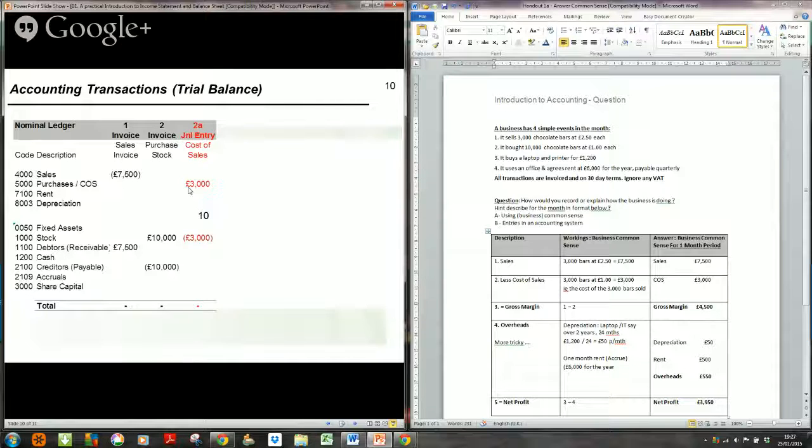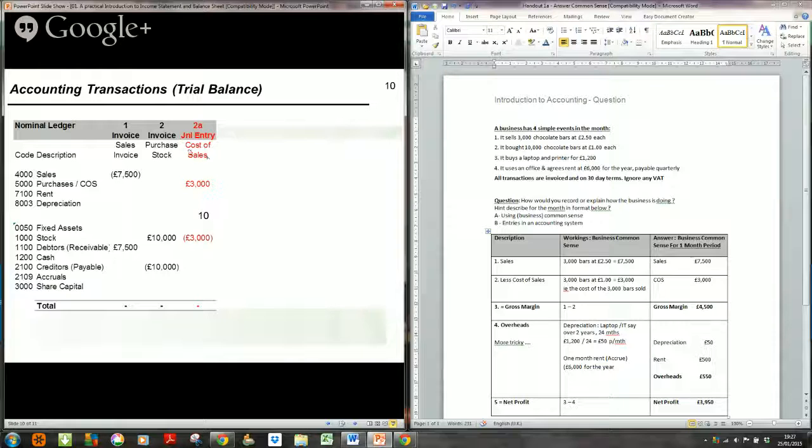But what we are going to do is we're going to make an entry to reflect the 3,000 units that we've sold. And again, even for accounting people, sometimes this is the entry we forget. These entries are coming through on invoices, so they're actually being made by somebody processing the bits of paper.